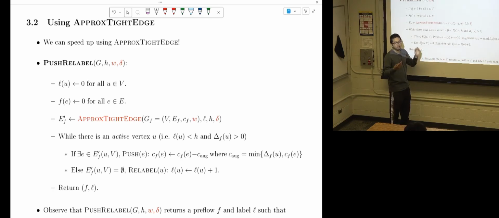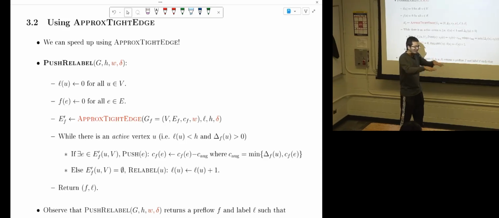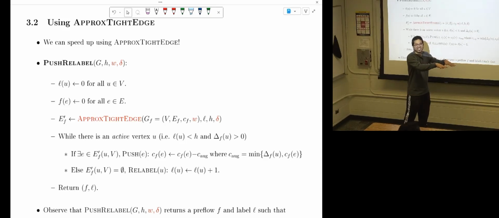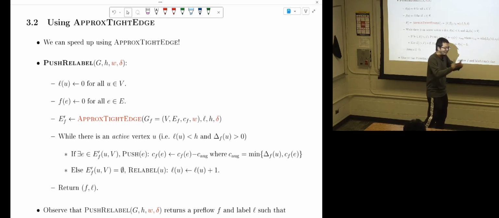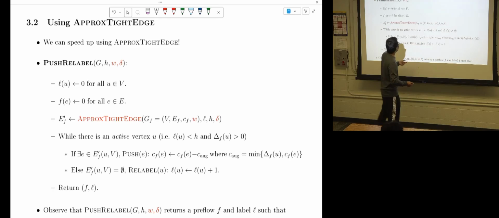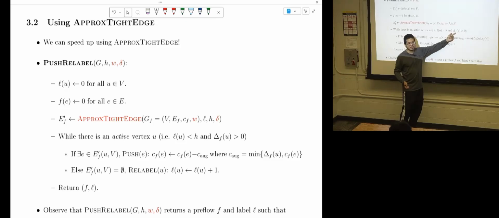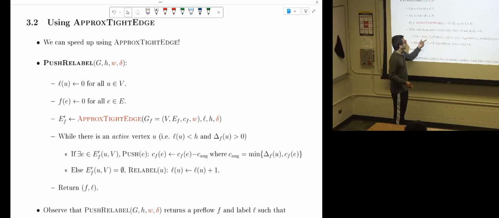Why? The intuition again is that TightEdge is at least an edge that goes in the correct direction. It goes along the shortest path to sink. So if you send along TightEdge, the flow should go to sink eventually. So you just keep checking if there is some node that is not dead yet and it has some excess to send, and just try to send flow along TightEdge.